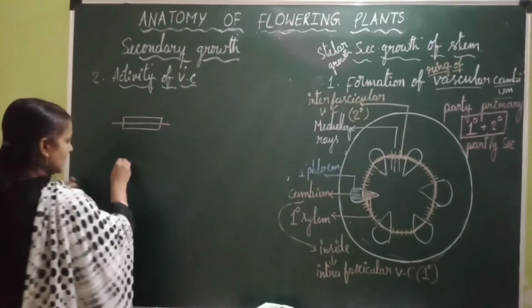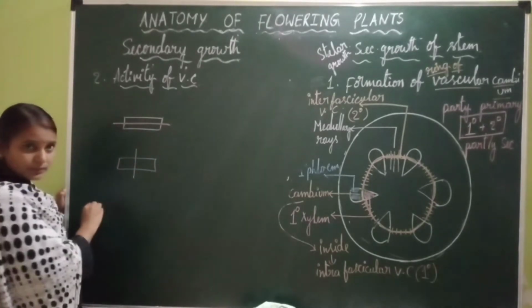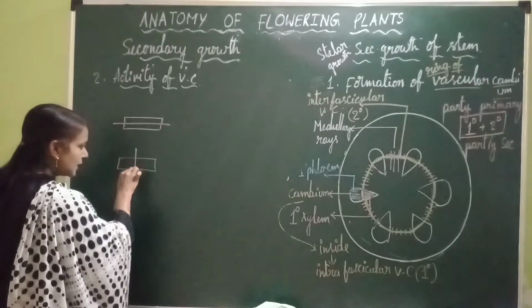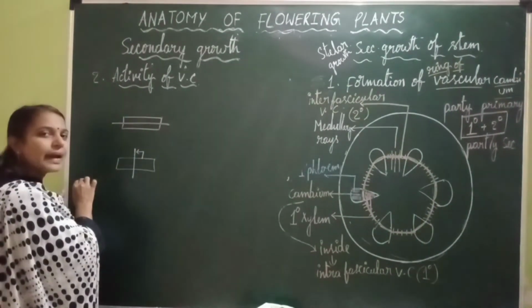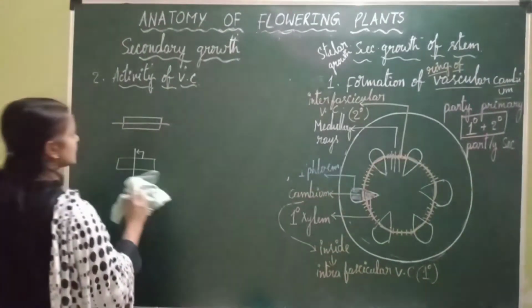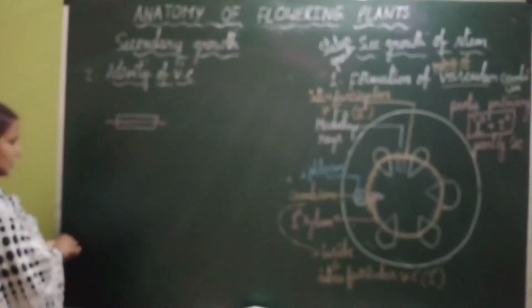Suppose this is the cell, right? If cell division occurs in this manner, perpendicular to the axis of the cell, what is this type of cell division? Anticlinal cell division. But here, the cells present in the vascular cambium ring undergo periclinal divisions.